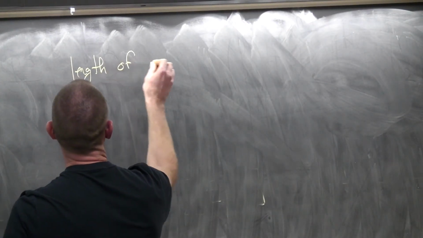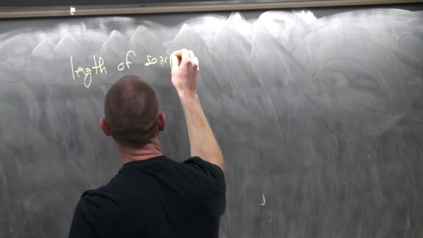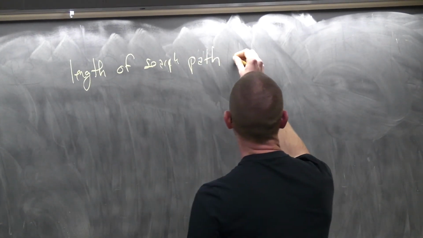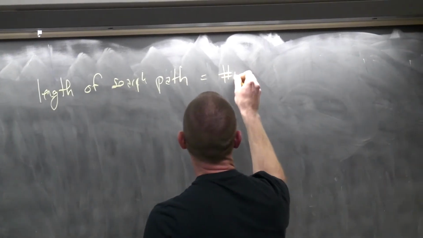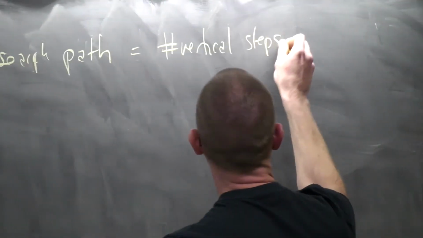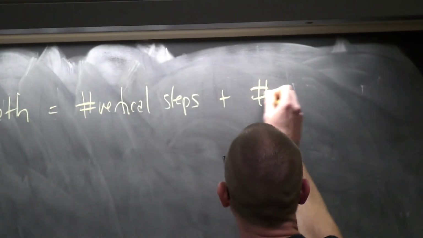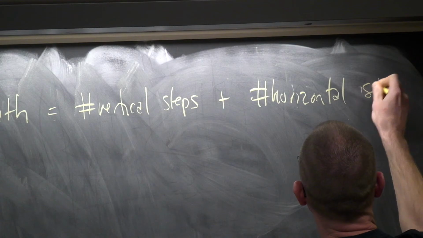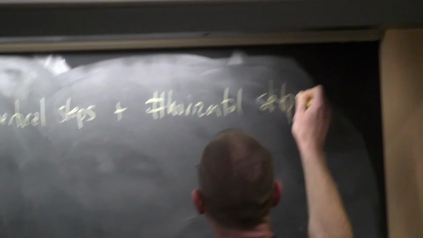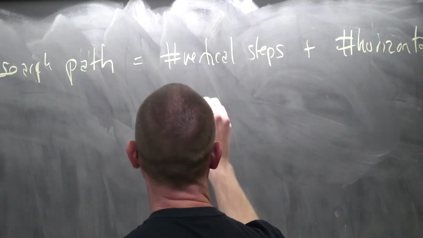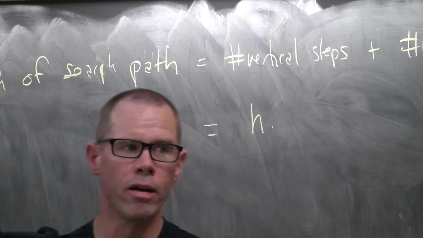So the length of the search path is equal to the number of vertical steps plus the number of horizontal steps. Well, the number of vertical steps, we have a name for that. That's h, the height of this list.